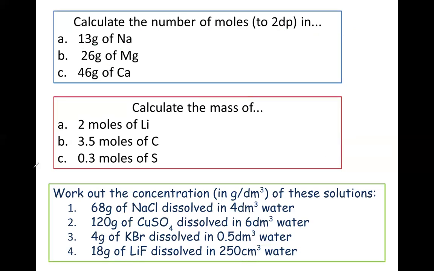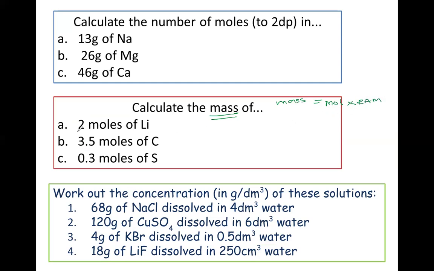When you are doing the mass calculations, you're trying to calculate the mass. Just a reminder, if you're looking for the mass in grams, what you're going to do is take the number of moles and multiply that by the relative atomic mass of the element, or formula mass if it's a compound.